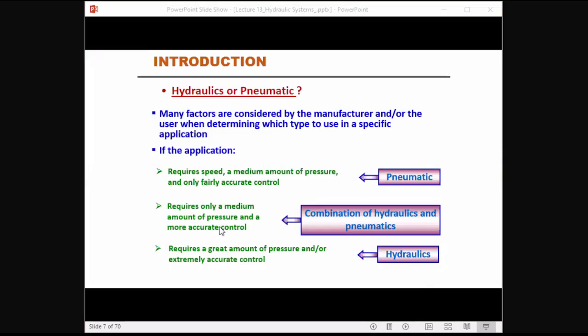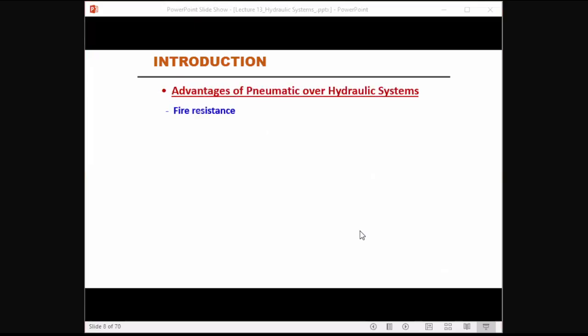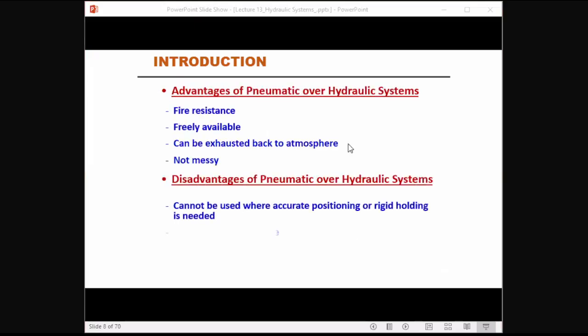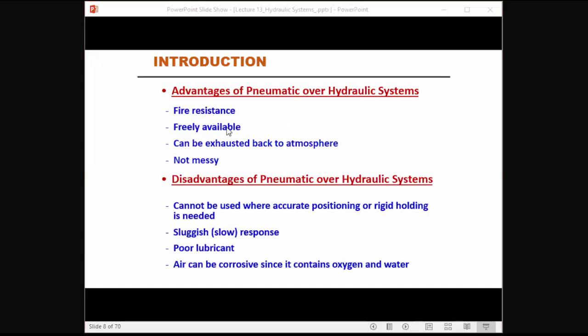Okay, what are the applications, how we can apply this pneumatic system to our designs, our machines. Okay, then here you can see some advantages of pneumatic over hydraulic systems and disadvantages of pneumatic over hydraulic systems.